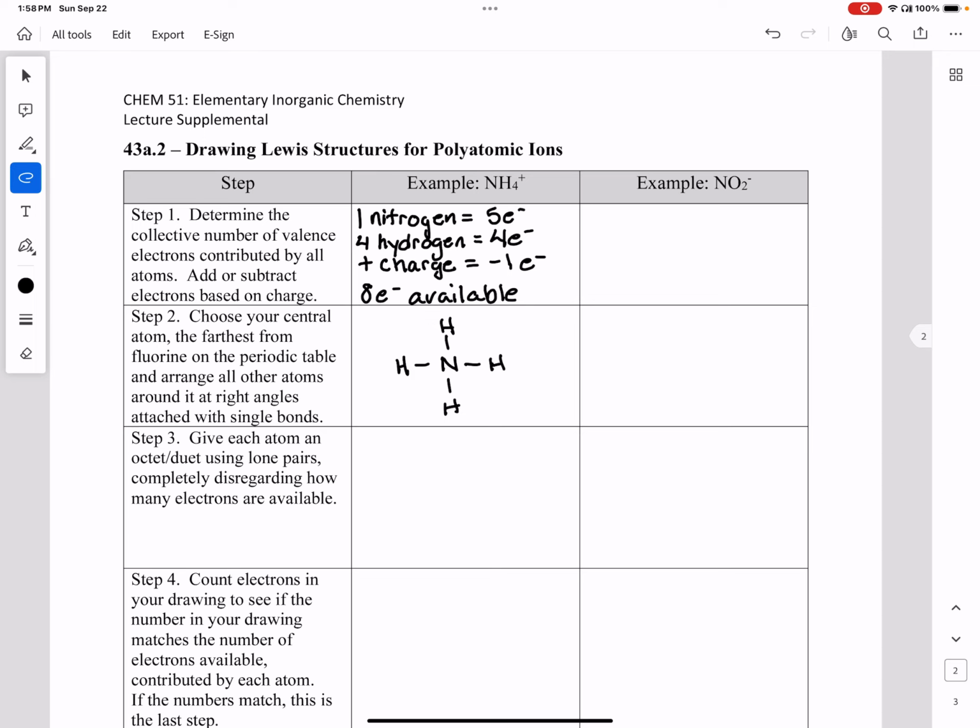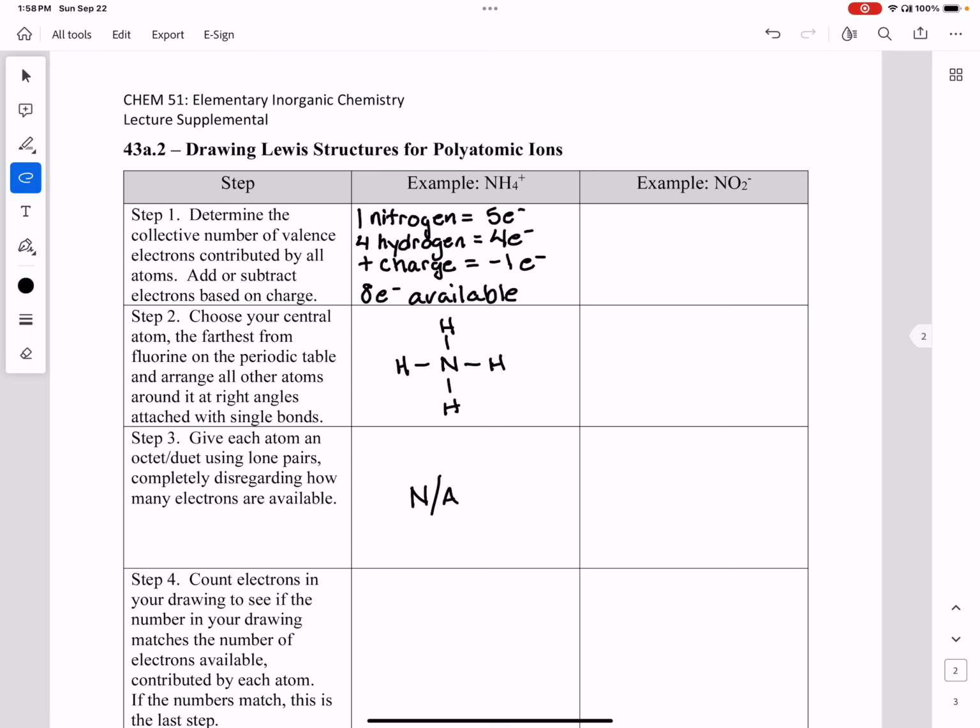And with step 3, it doesn't look like we have to do step 3 here. The nitrogen has four bonds, so it's surrounded by eight electrons. The hydrogens have two electrons each from the bonds.